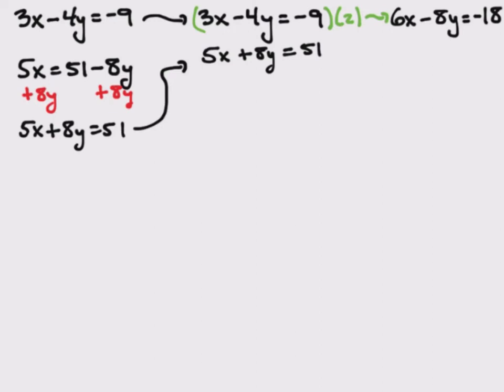Let's add 51 to both sides of that equation. On the right-hand side, we're going to actually add the number 51. And on the left-hand side, we're going to add something that's equal to 51, namely 5x plus 8y.